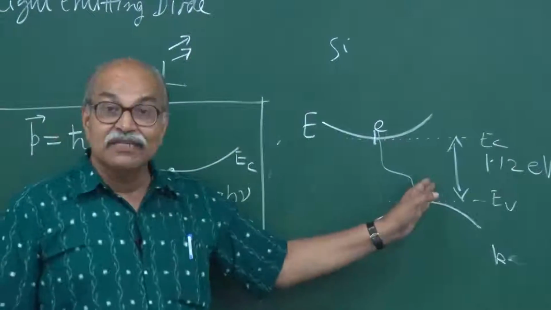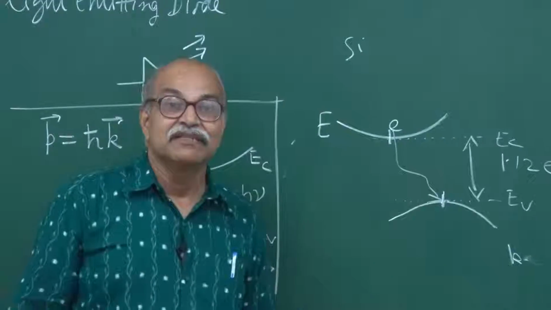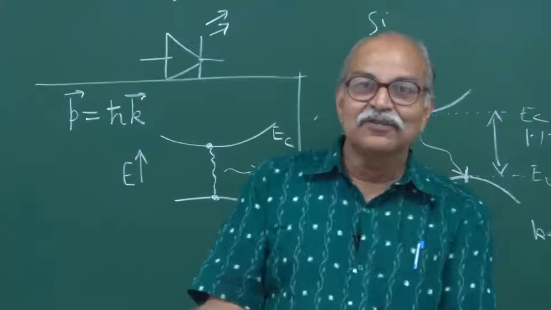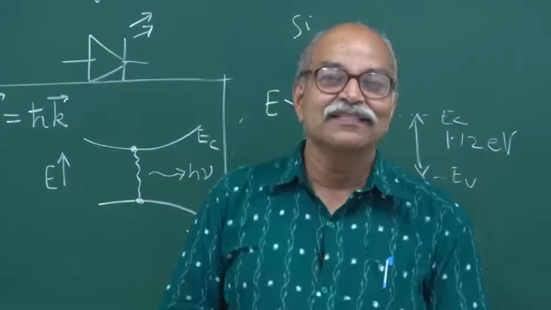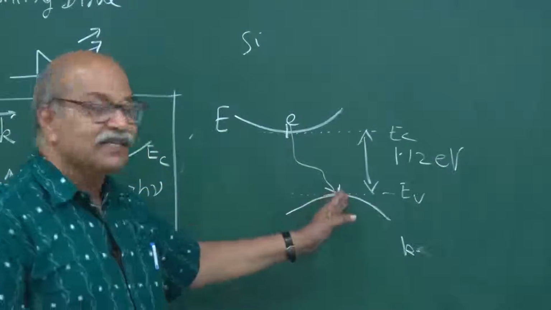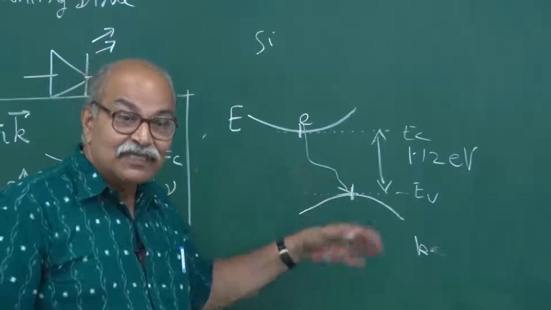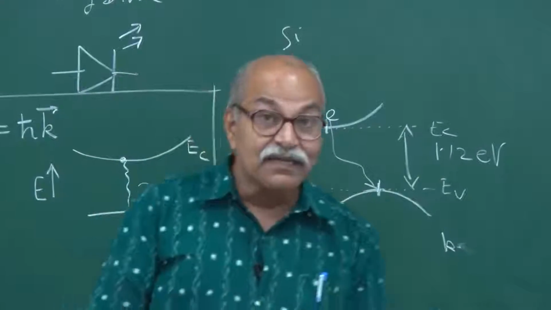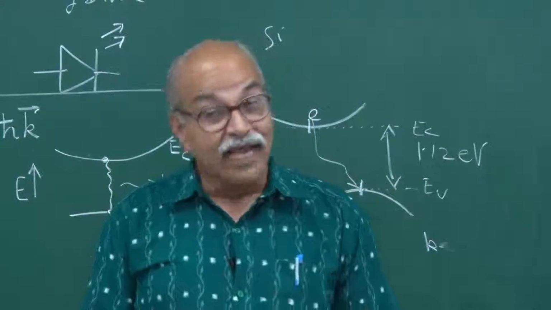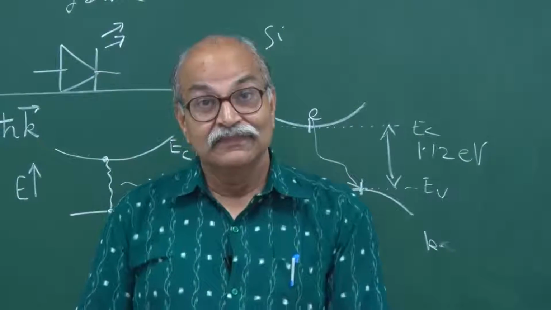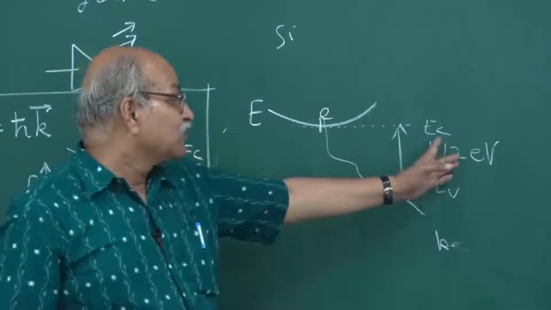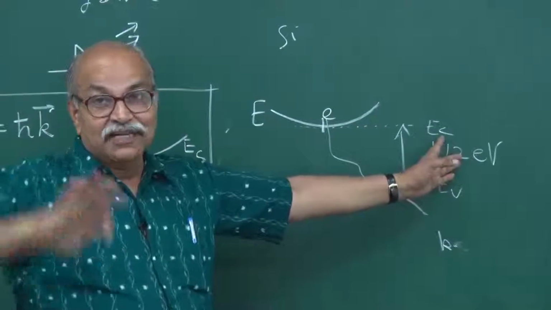the momentum is also changed appreciably, and just a photon emission cannot respect that conservation of momentum, because momentum has to change this much. Therefore some kind of crystal momentum transfer to the crystal, some vibrations of the crystal, has to be brought in. So a photon of this energy coming out will not do.